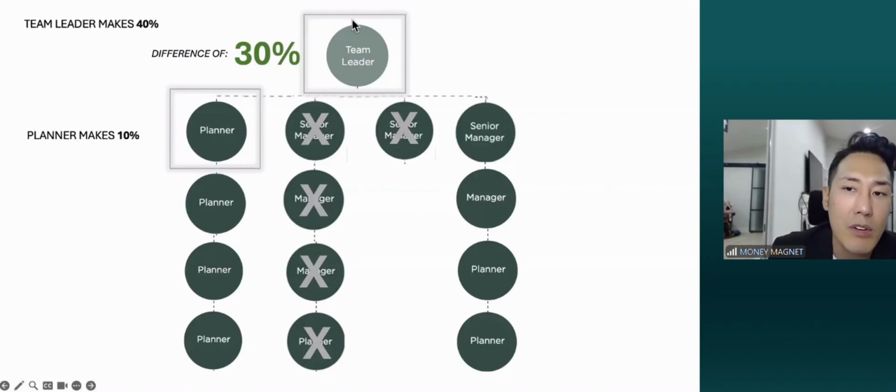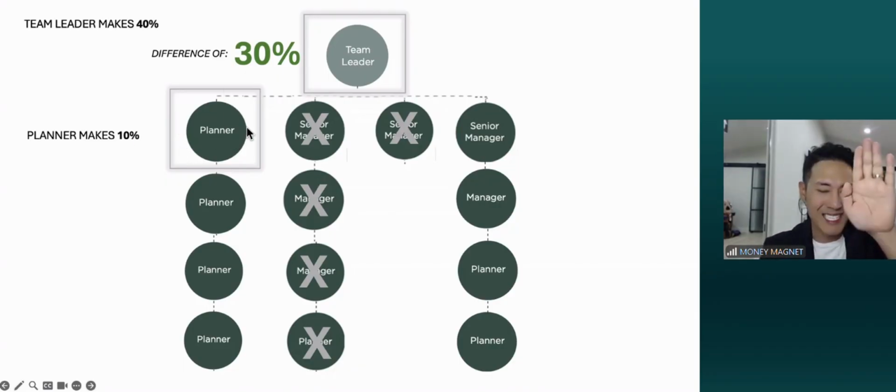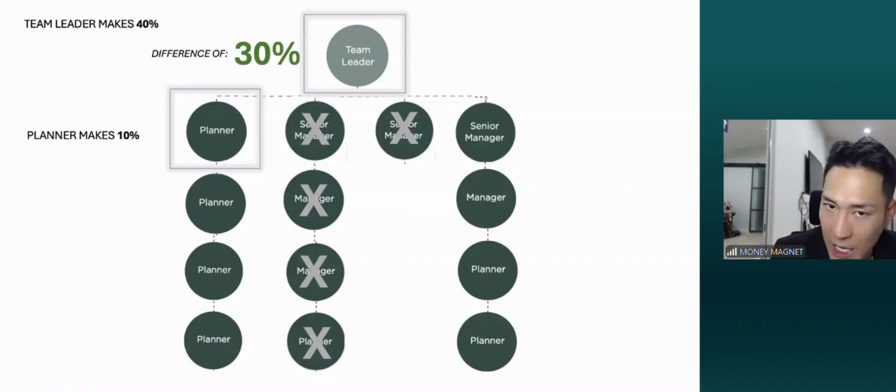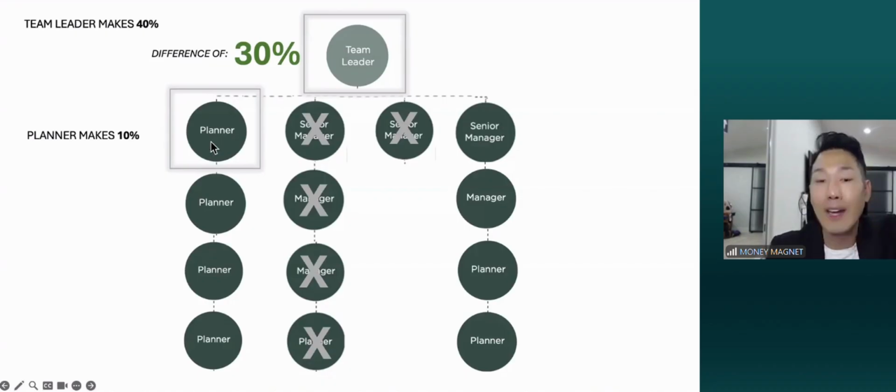If a team leader is at a 40% pay and he sponsors a brand new planner who makes 10%, then the difference of 30% is left over. Whatever transaction happens here, the planner takes 10. So if $100 was transacted, this planner is going to take $10, this team leader is going to be paid $30, and a total of 40% has been paid from that 100 BP. You understand? Remember, team leader is at 40, a brand new planner is at 10. So the difference, he's going to make 30%.